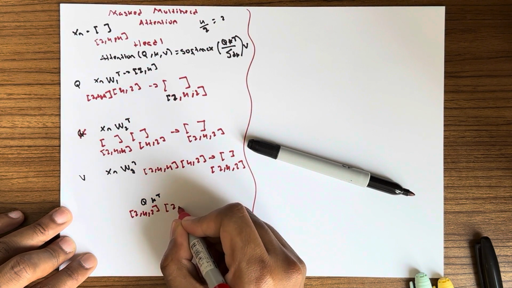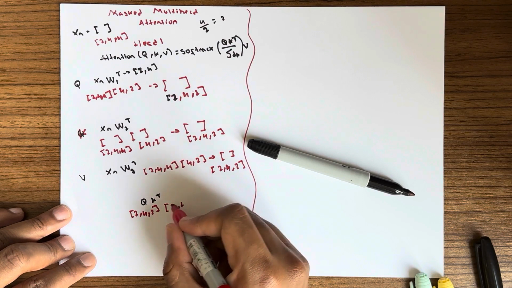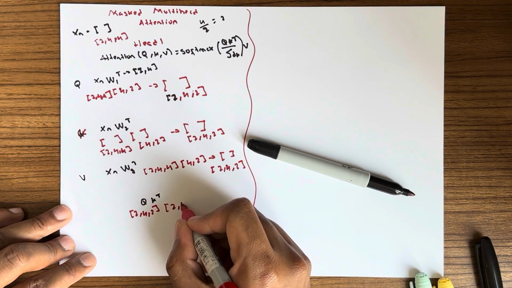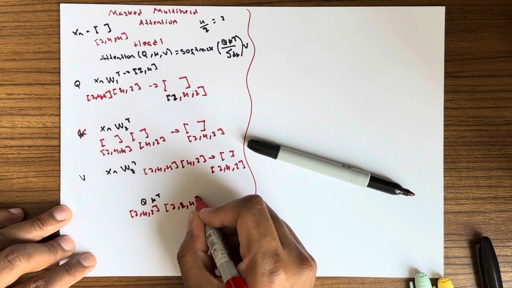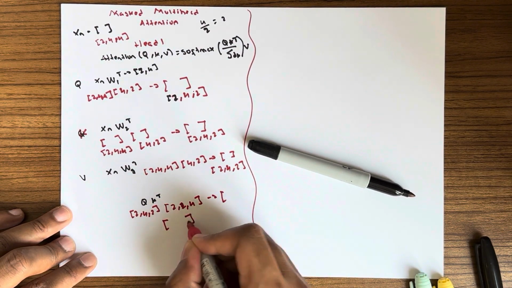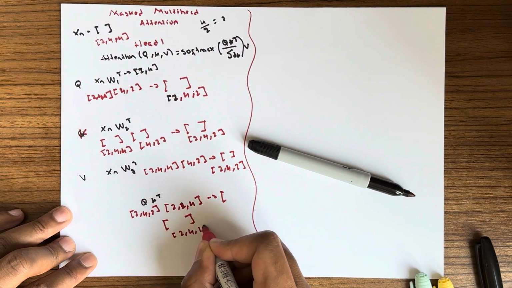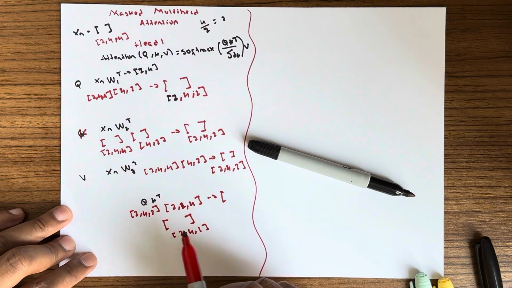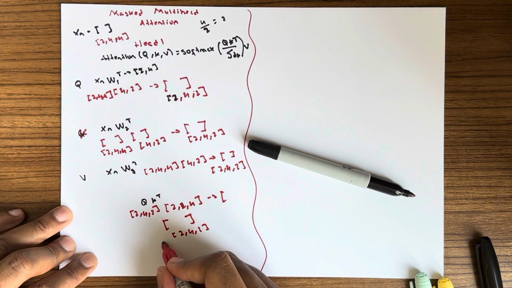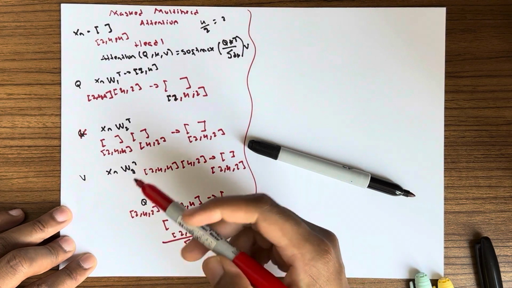Key has a dimension of 2 by 4 by 2, and after taking the transpose, it becomes 2 by 2 by 4. So the resulting tensor has a 2 by 4 by 4 dimension. We need to divide it by the square root of 4, the square root of our embedding.